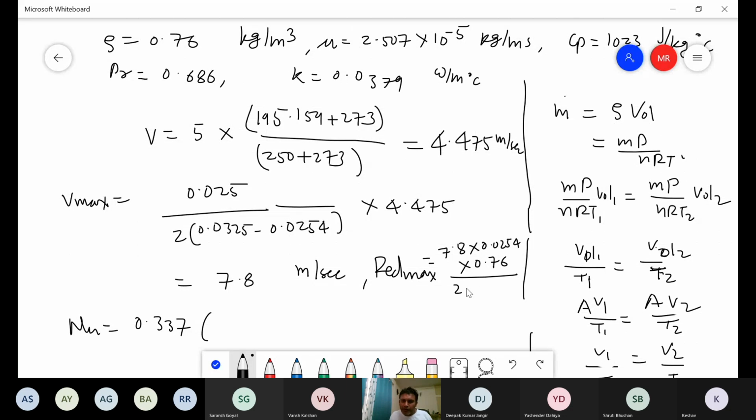Mu is 2.507 into 10 raised to power minus 5.